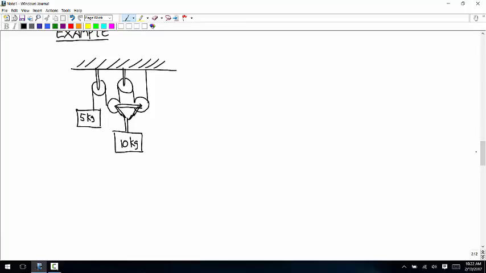Is that what I want to do? I guess that is what I want to do. Okay. What's the acceleration of the 10 kilogram?